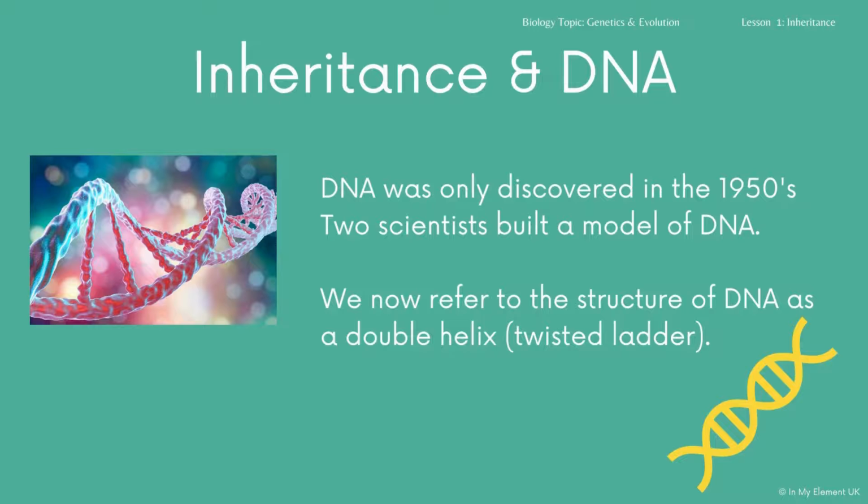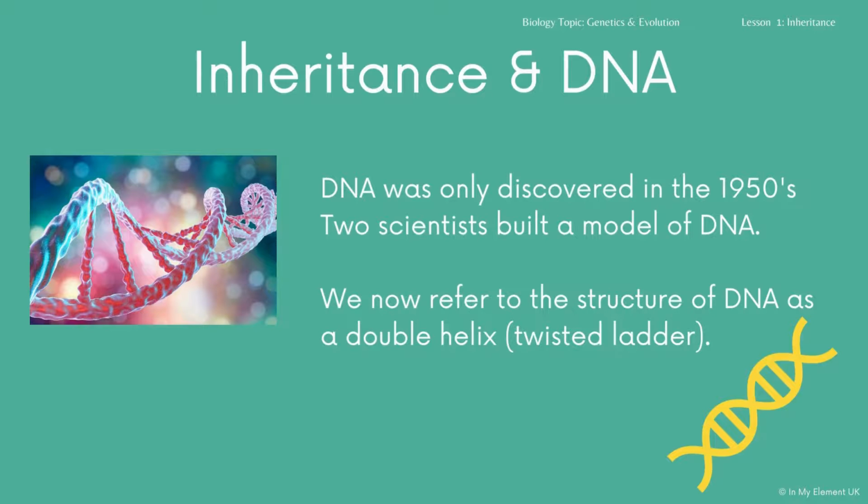Now, DNA was only discovered in the 1950s, and two scientists built a model of DNA, or what they felt was a correct depiction of DNA. The two scientists are known as Watson and Crick, and they did this in 1953.